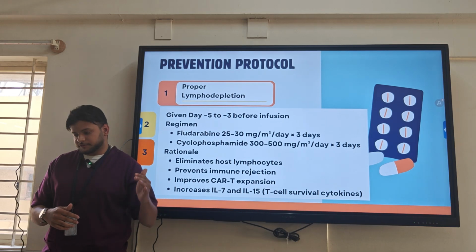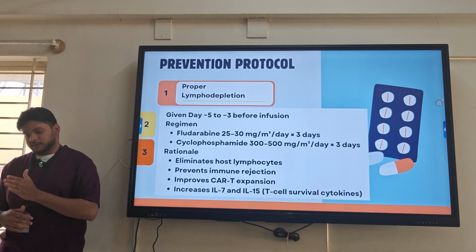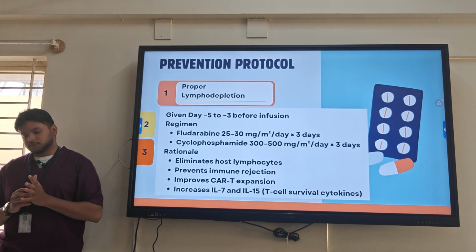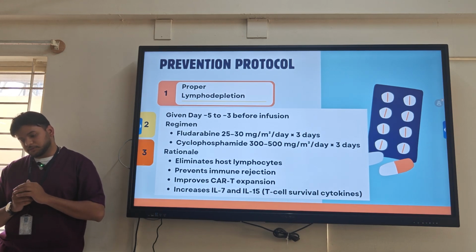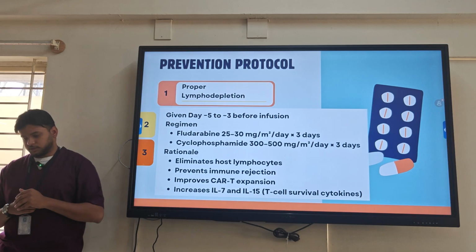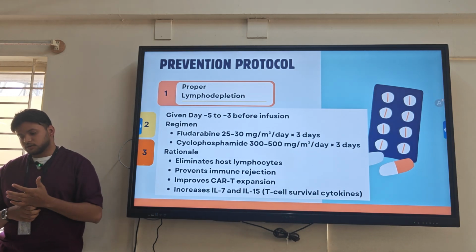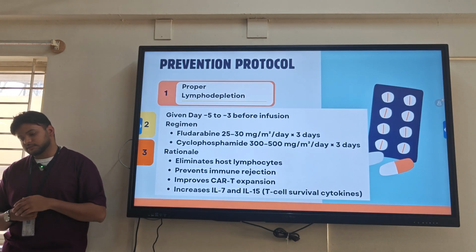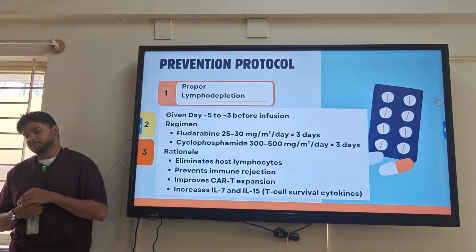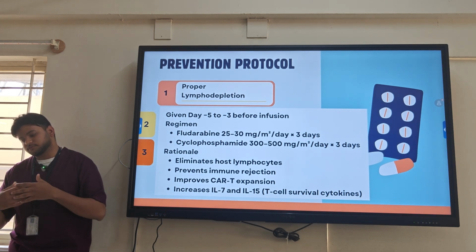From the minus fifth day to the minus third day before infusion, the regimen is fludarabine 25 to 30 mg per square meter per day for 3 days, along with cyclophosphamide 300 mg to 500 mg per square meter per day for 3 days.